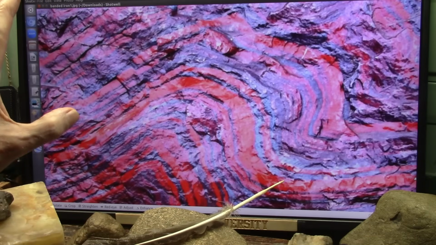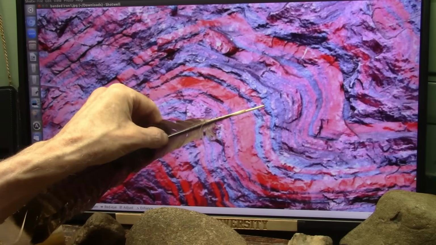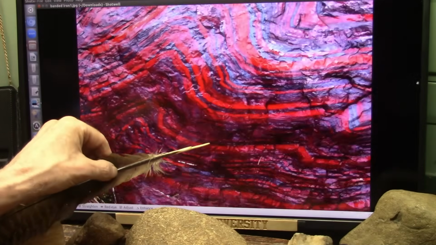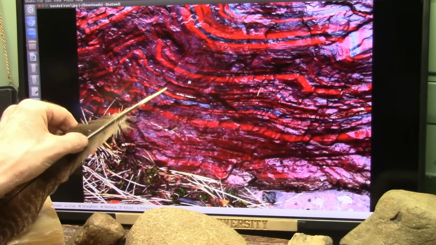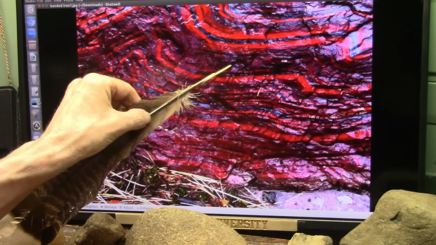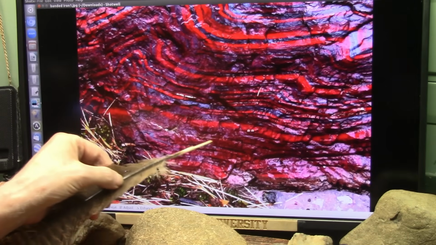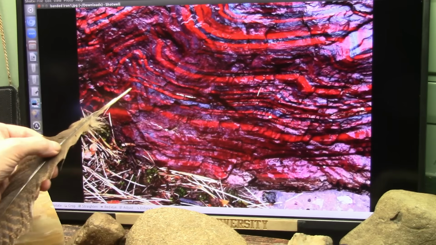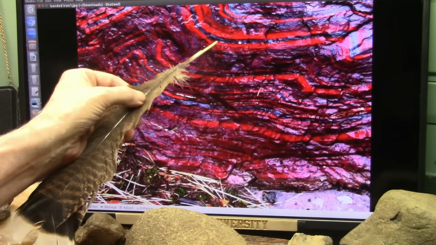Boy, that's shiny, huh? Knock your socks off. That's what I usually see in iron banding. However, there are some other ones down here that are not just red and black. There are some other metals in it, I think. It sure looks like a lot of red and black, but the red is just pronounced.